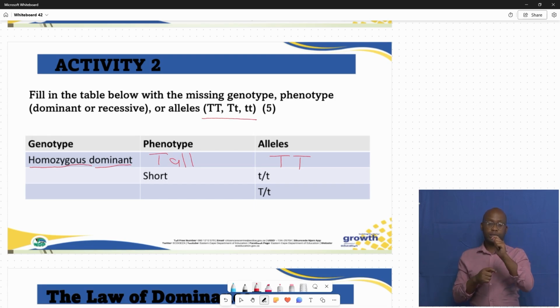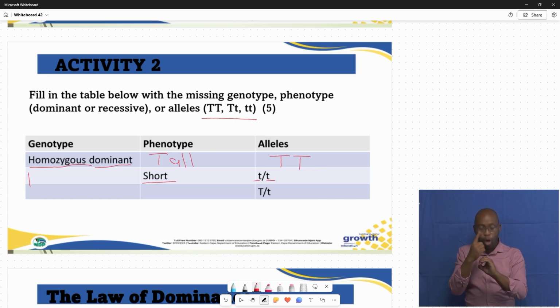Okay. Now, let's look at the second row. What are we missing here? We are missing the genotype, but what have we been given? We have been given short, and we have been given that the alleles for short are only small letter t's. And remember, we said that these are recessive, and the recessive alleles are only expressed in the phenotype when they are in their homozygous state.